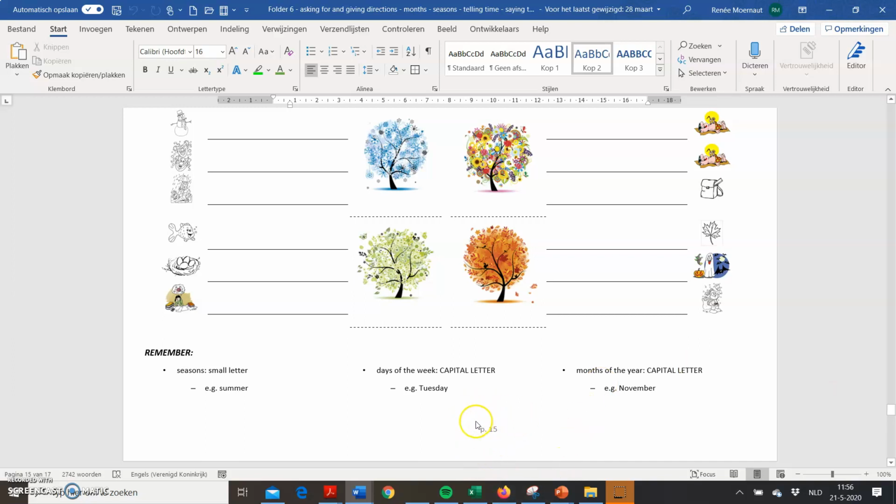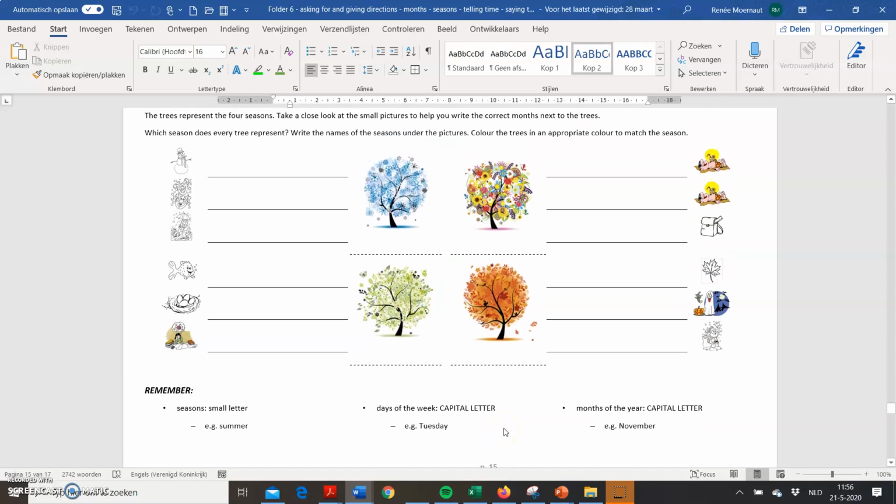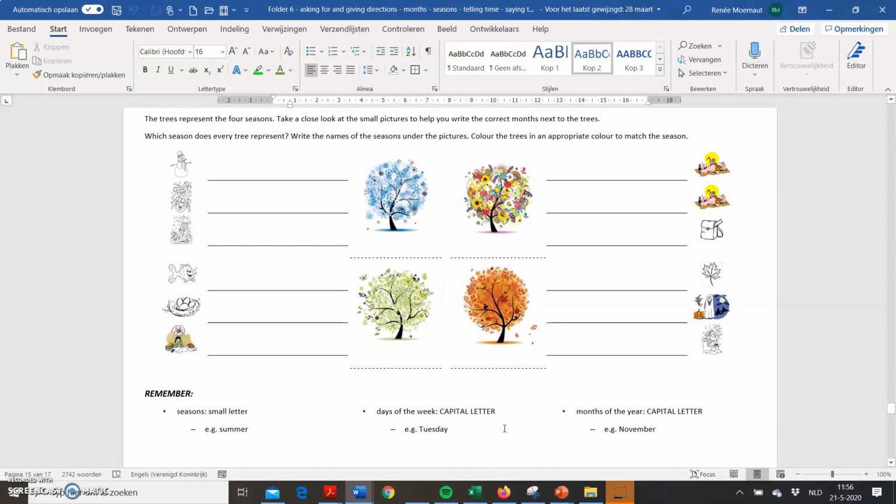I will now show you PowerPoint, but you can follow along. You take this handout, follow along, and you will have to write down something once in a while, make some exercises, and so on.